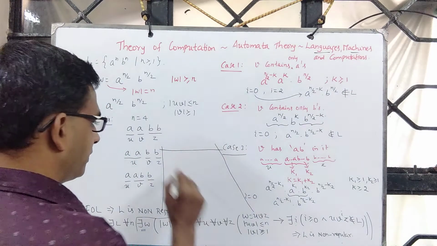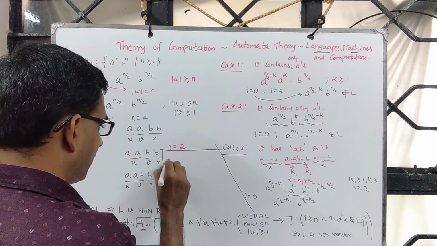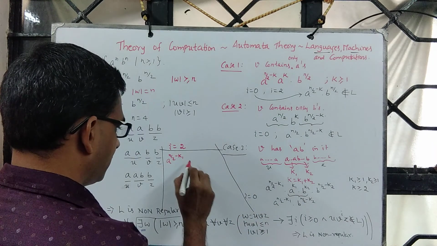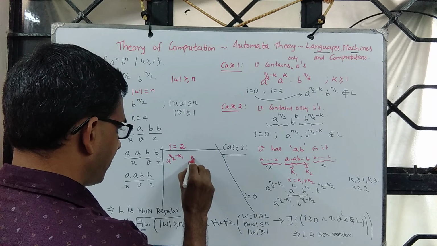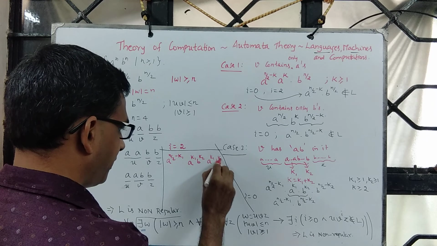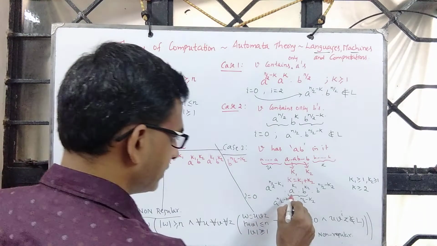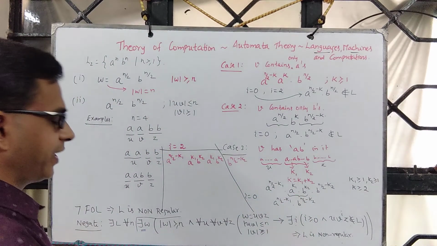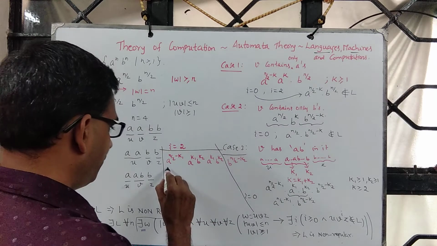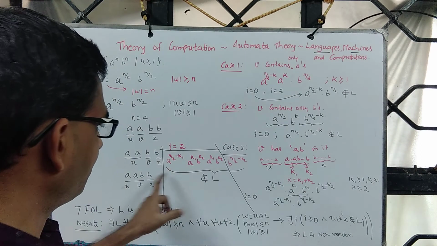So instead of this, let me choose i to be, say, 2. Now what will happen? The v part will be twice, correct? Which means a power k1 b power k2 followed by a power k1 b power k2 followed by b power n by 2 minus k2. This becomes v squared, which means this ab pattern repeats. Now we see that this is clearly not in L, because this is not of the form a power n b power n.